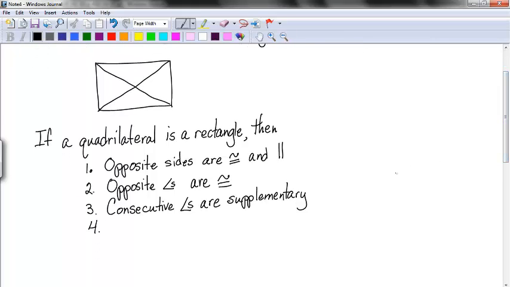The fourth thing, if a quadrilateral is a rectangle, the diagonals, and we set it up above, the diagonals are congruent and bisect each other.